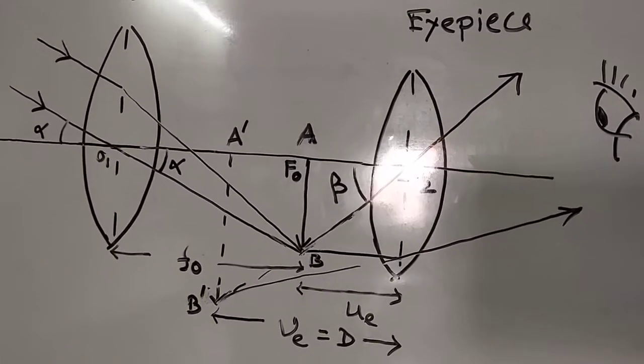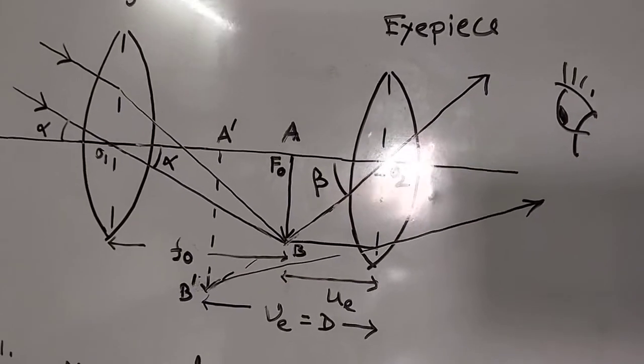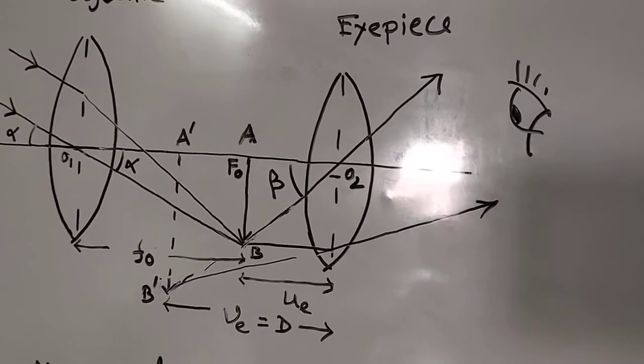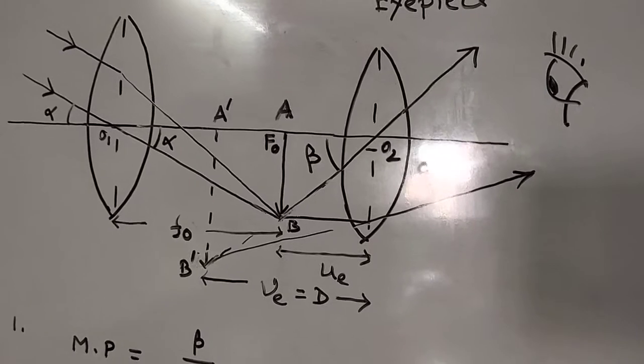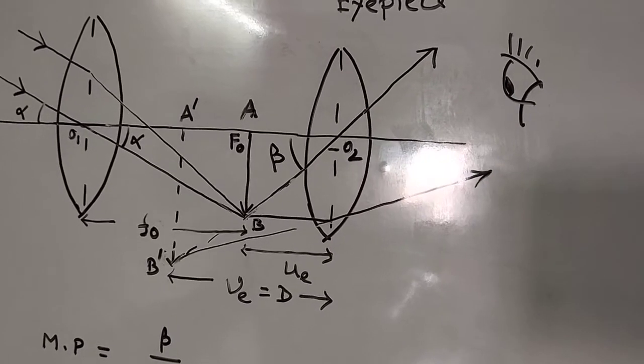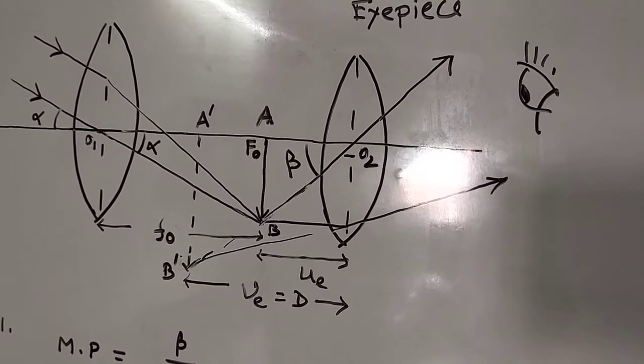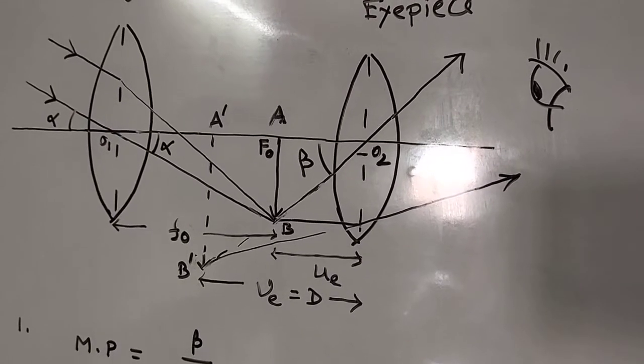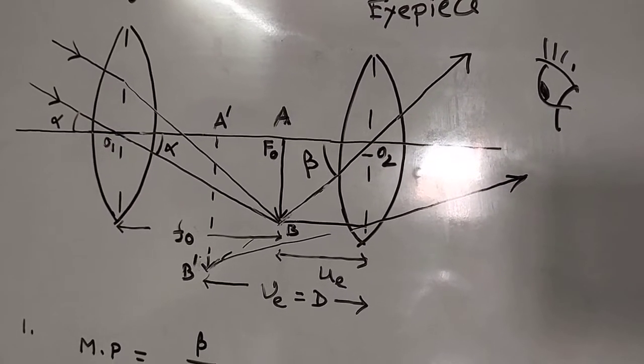As per the diagram, the object is at infinity, so AB is at the focus of the objective, at focal length f0, and AB is within the focus of the eyepiece. For that arrangement we get a virtual image A'B'.